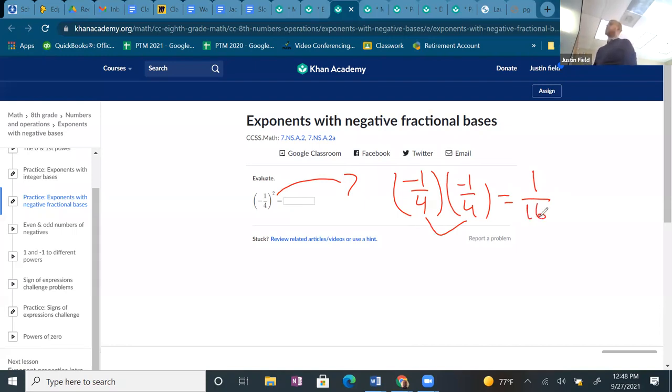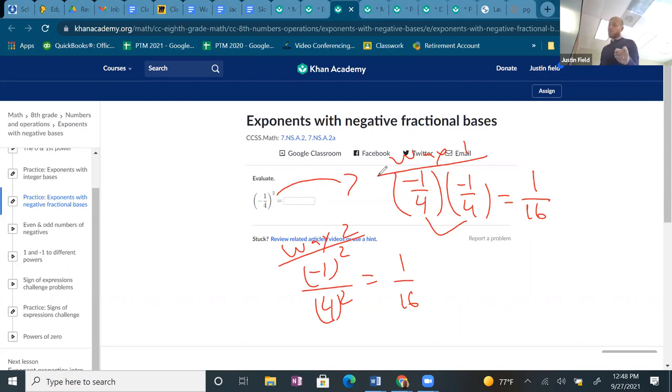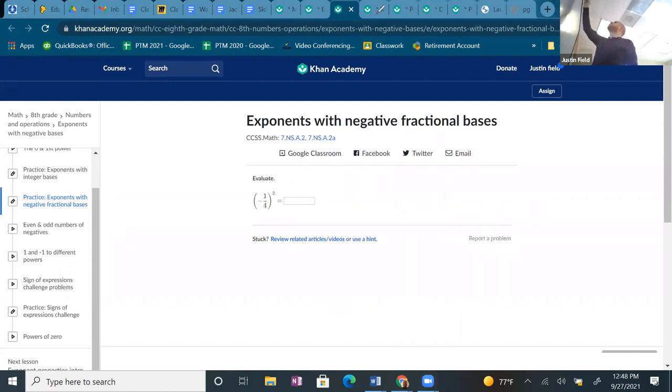Now another way to think of it is (-1) squared over 4 squared, which would be 1/16. Way 1, way 2. Don't forget, I write down on this board. You should have it written down in your notes before you come to Thursday's class. Rewind the video if you didn't get that.